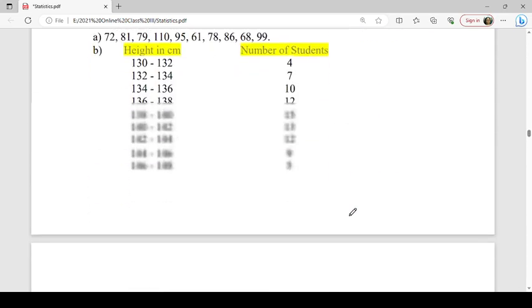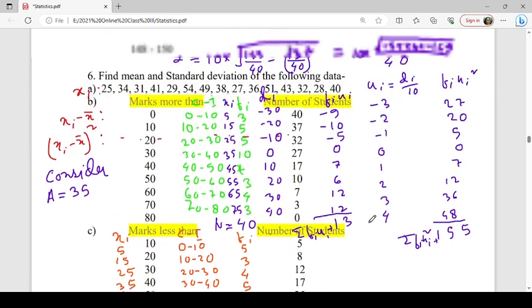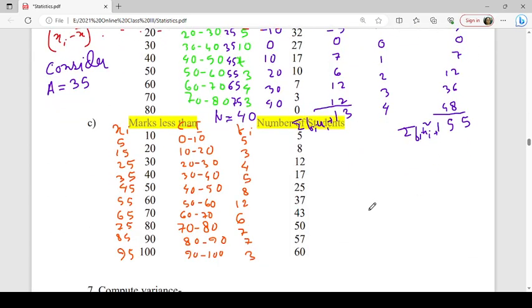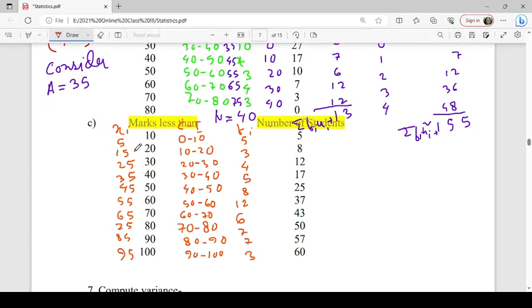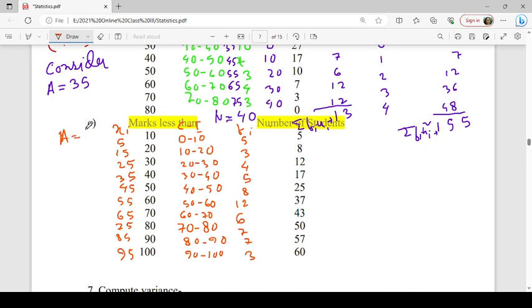So assume mean, say a is equal to, in between 5 to 95 we can consider 55.